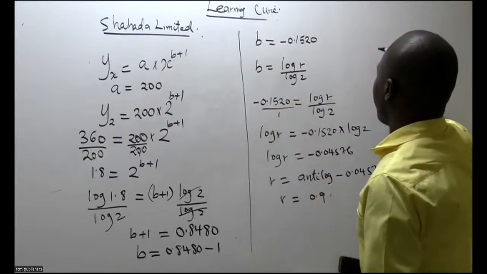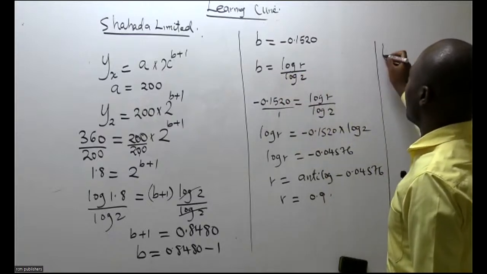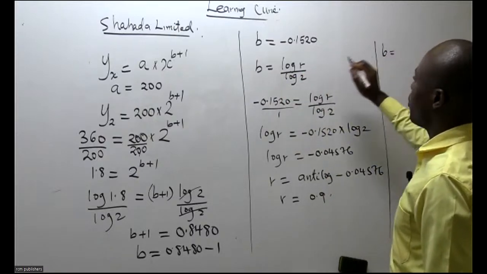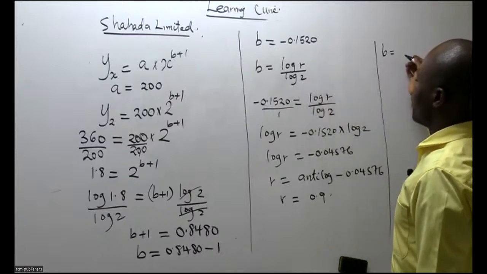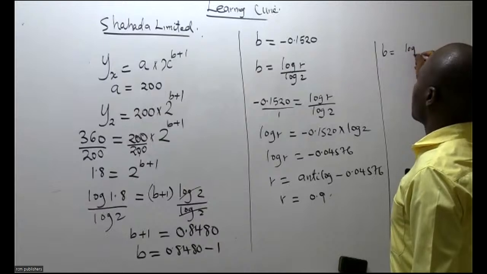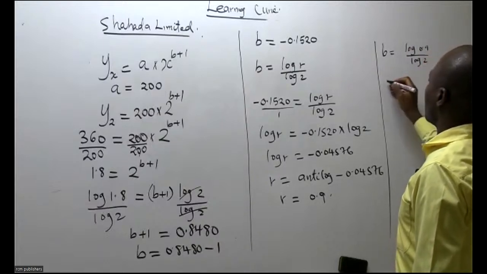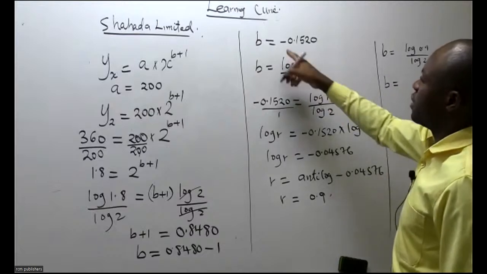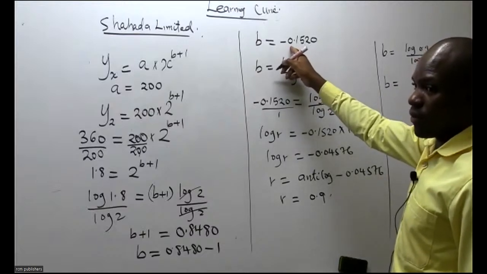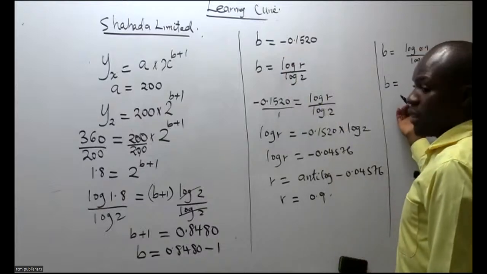You can even confirm. Remember how you are getting B: just take your log, just say log 0.9 divided by log 2. Then confirm if you're getting the value of B as this one here.